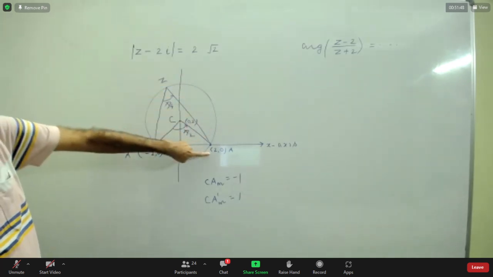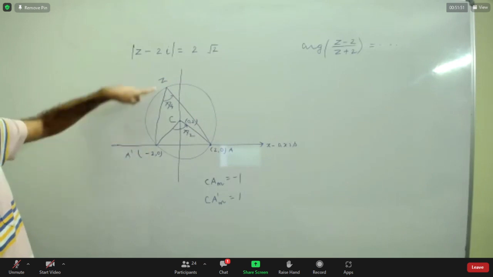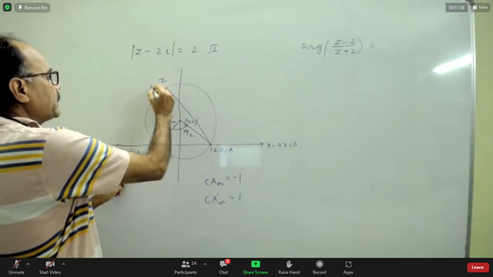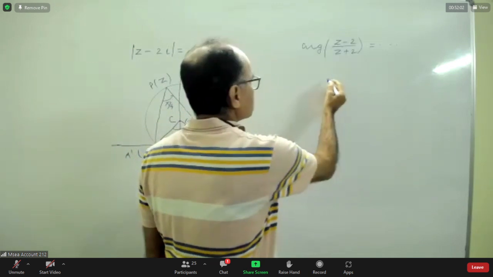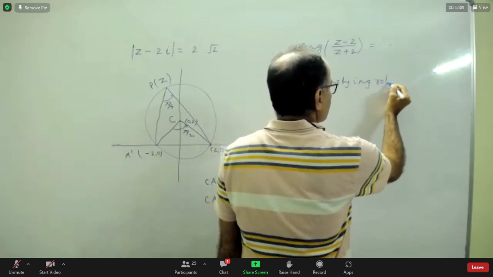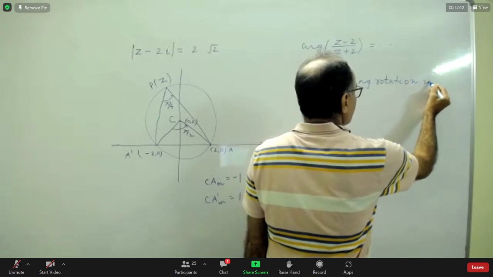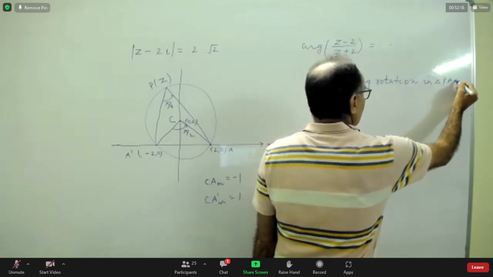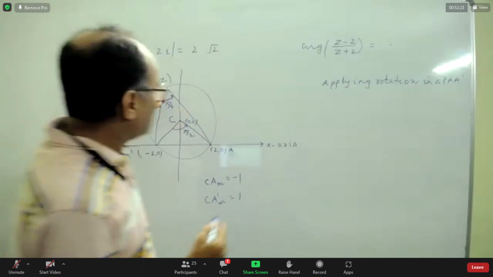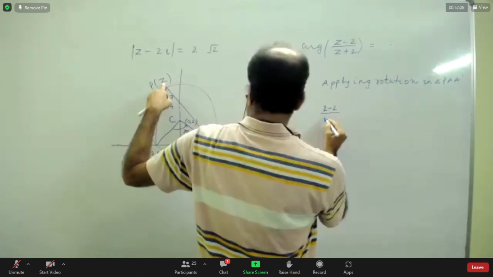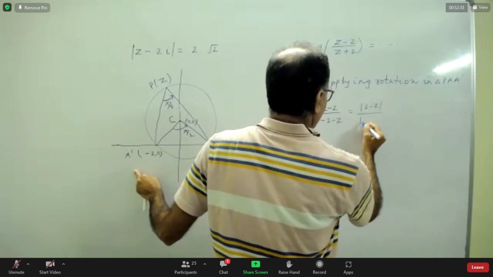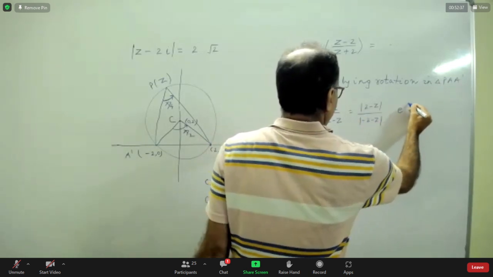If you apply rotation, 2 minus z by minus 2 minus z in this triangle, say A dash, and take P. Applying rotation in the triangle PA dash, anti-clockwise direction, 2 minus z by minus 2 minus z equals mod of 2 minus z by mod of minus 2 minus z into e to the power i pi by 4.